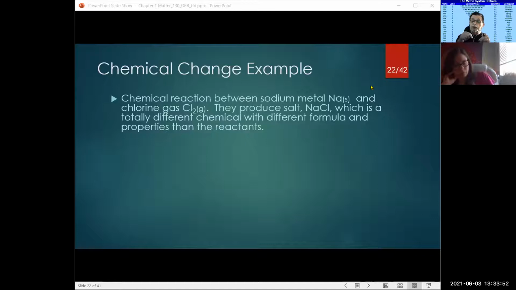Notice the subscript on Cl. That means there are two chlorines together. We're going to learn that of the 118 elements that we have, 7 of them are what we call diatomic. They require, here on Earth at ambient temperature, for 2 of them to be together. By themselves they're not stable.